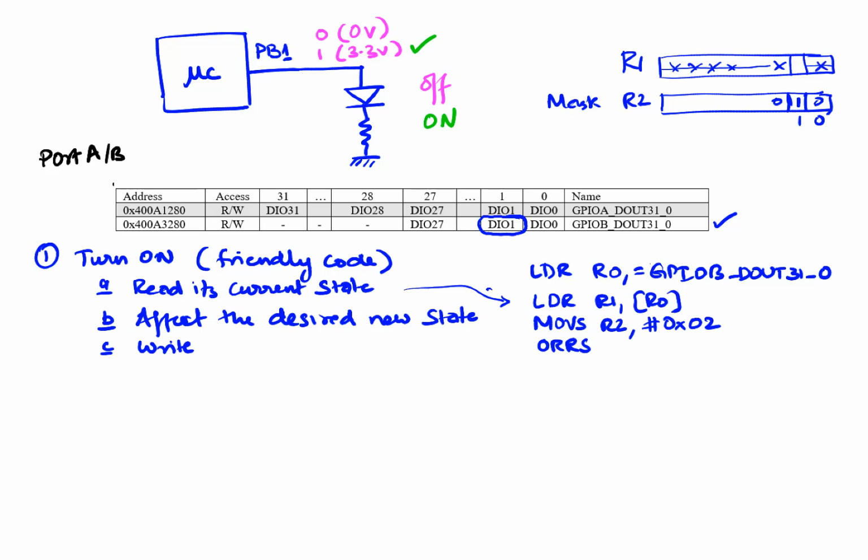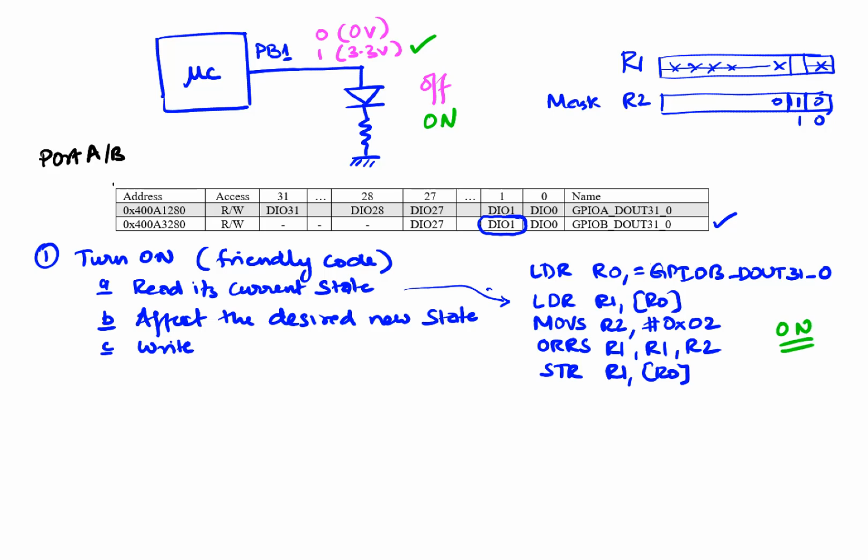So we're going to do an ORRS R1, R1, R2. And then we're going to store it. Oh, we've got to store it back. So we'll store back R1 to R0, and that's our write back to write it out. So this sequence of steps for us is going to turn on the LED.